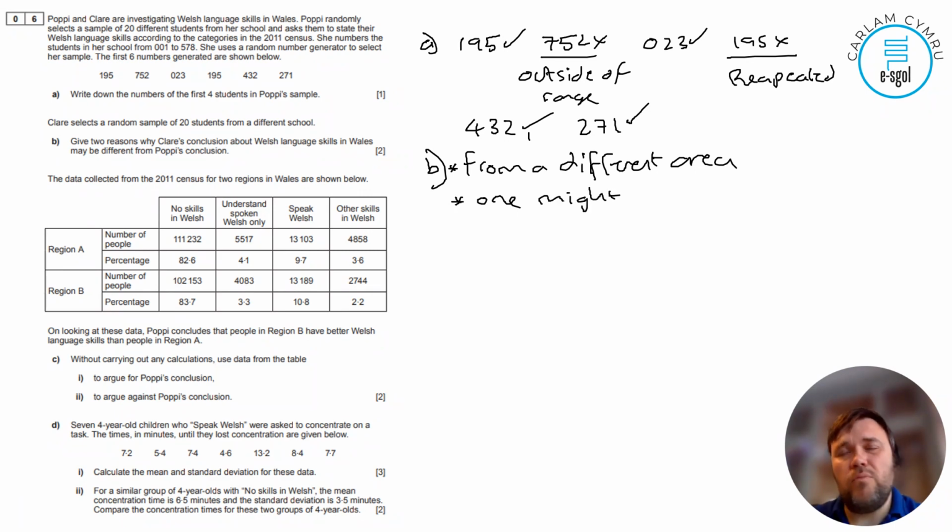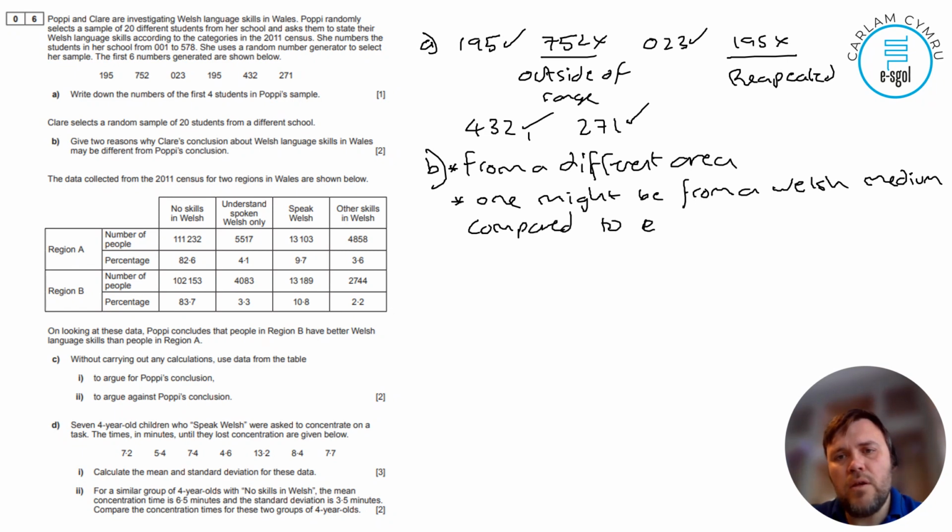The Welsh medium just means it's from a Welsh school. The data would be skewed from a Welsh medium compared to an English medium, or anything that makes sense.